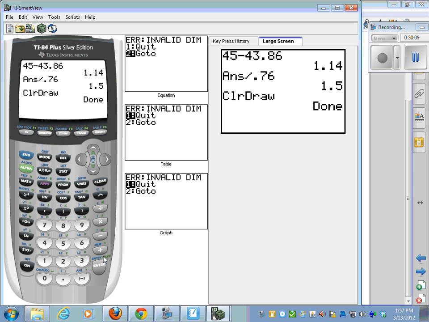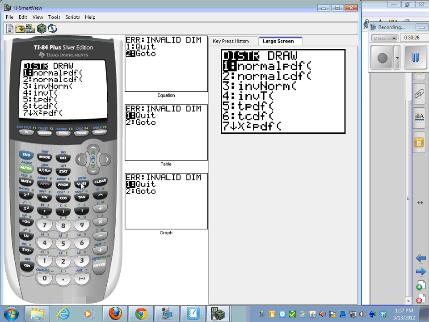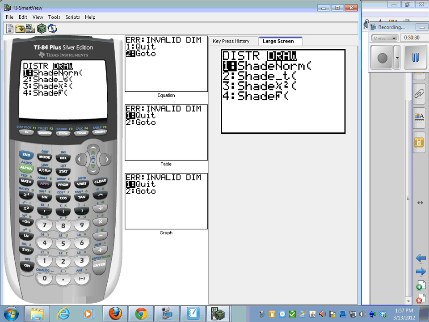Now we do our shade norm. Second function, distribution, draw, shade norm.